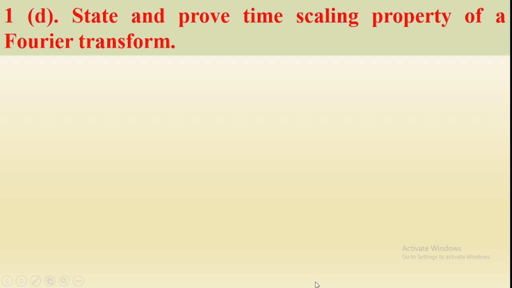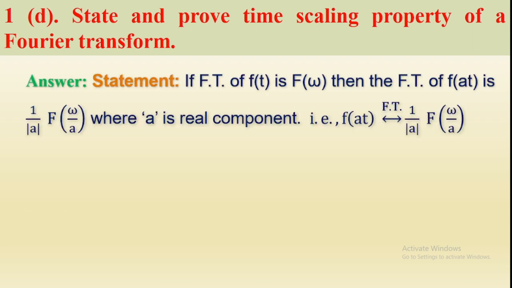Next, question number 1d. State and prove the time scaling property of a Fourier transform. The statement of the time scaling property is: if the Fourier transform of f of t is F of omega, then the Fourier transform of f of a t is 1 by magnitude of a into F of omega by a, where small a is a real constant.